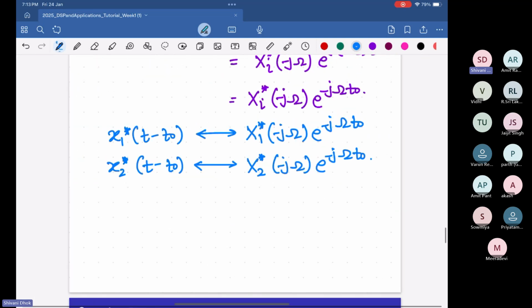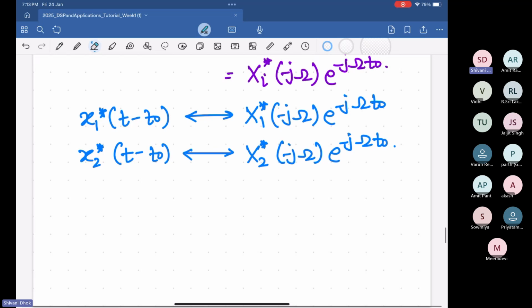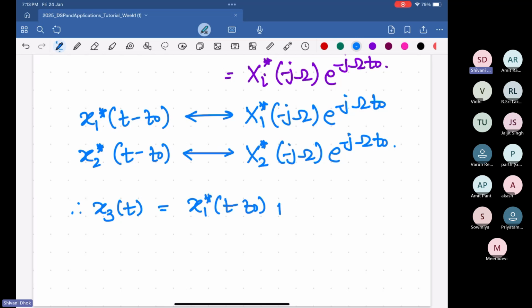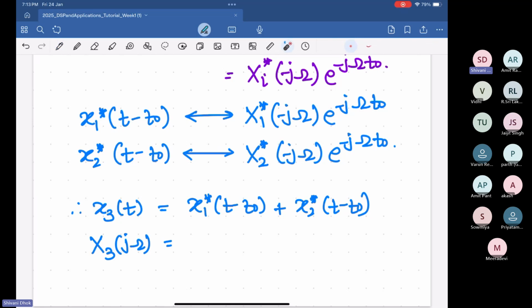So therefore, x3 of t, which is equal to x1 conjugate of t minus t naught plus x2 conjugate of t minus t naught, will have x3 of j omega as Fourier transform of this plus Fourier transform of this using the linearity property.